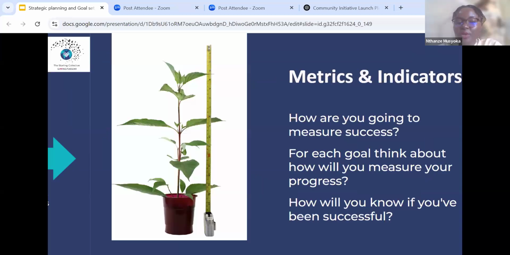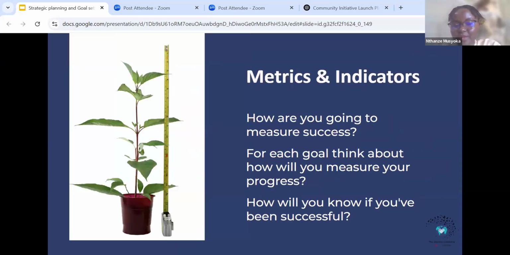Yeah, so when we're measuring, there are 2 things that we have to keep in mind. There are things called metrics and indicators. An indicator is like when you're driving and you have to indicate something. It's what you're gonna look at to know how will I know that I've succeeded in this? For example, in the Akoko initiative, when you went and set up the initiative for the garbage collection, you're gonna set an indicator to show you how will we know that our initiative is making an impact in the community?